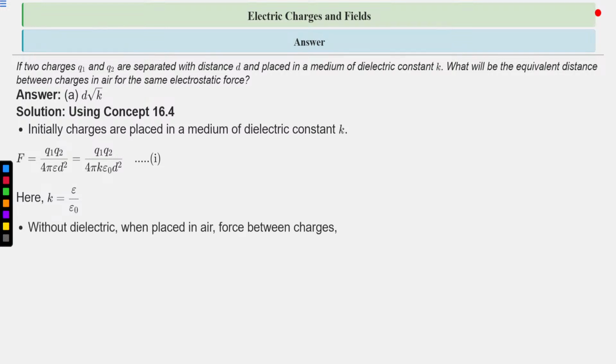Now without dielectric, placed in air, let's find the force between the two charges, F prime, equal to 1 by 4 pi epsilon naught Q1 Q2 upon R square. R is the new equivalent distance, which we have to find. Mark this as equation 2.